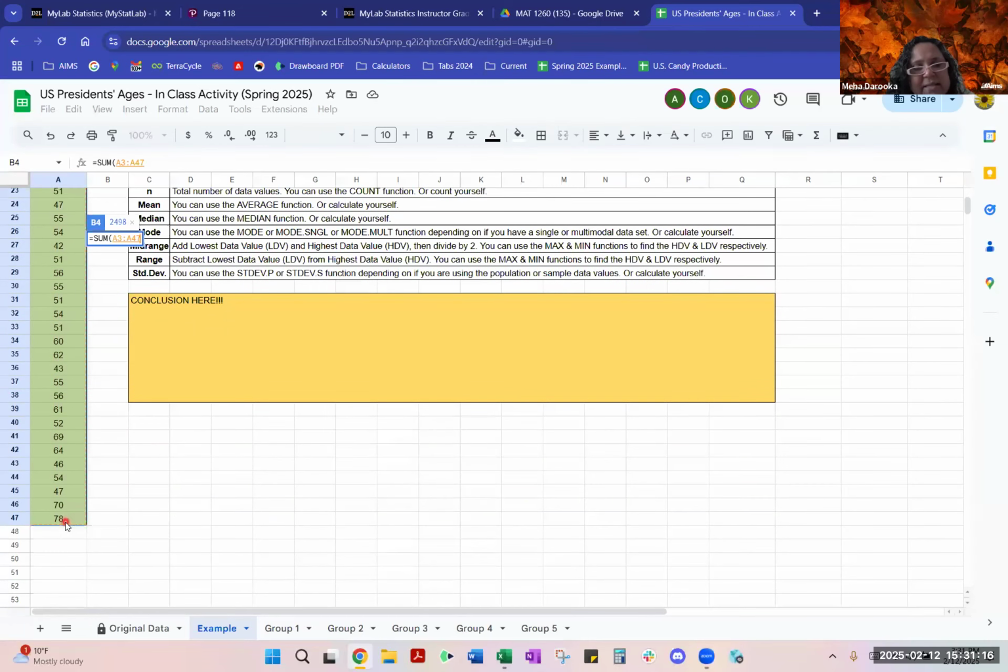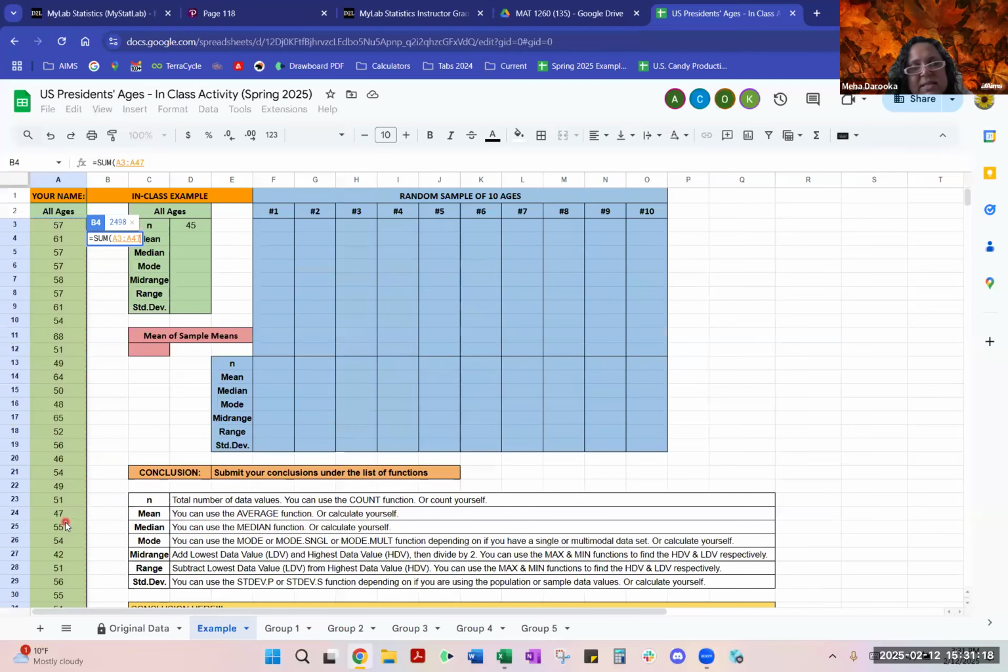You can see that total comes out to be 2,498. And then if I took this total of 2,498 and divided by the total number of ages we have, which remember is 45, you can see this is what your mean is coming out to be, 55.511111 repeating, right?